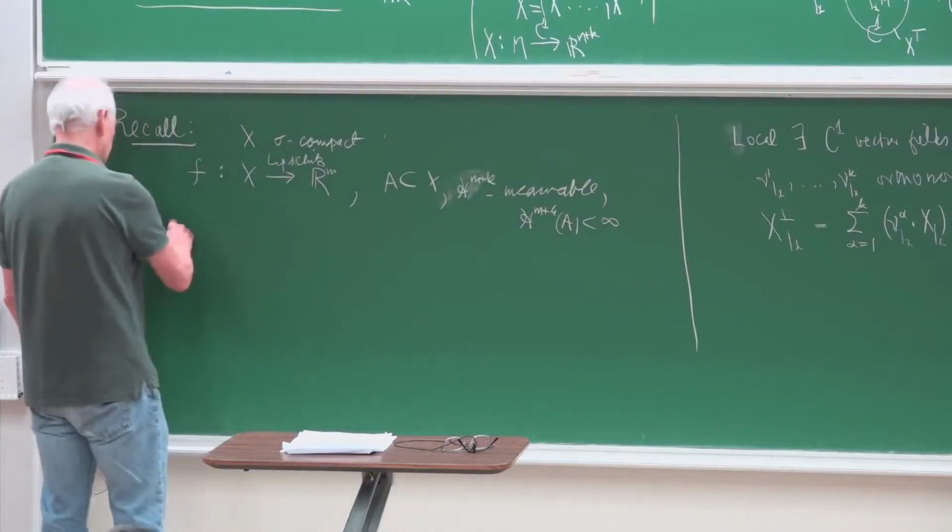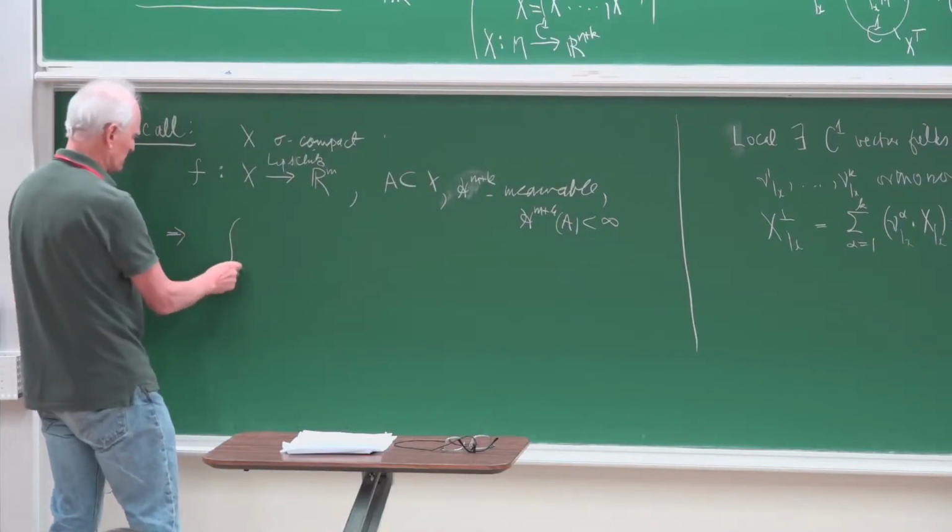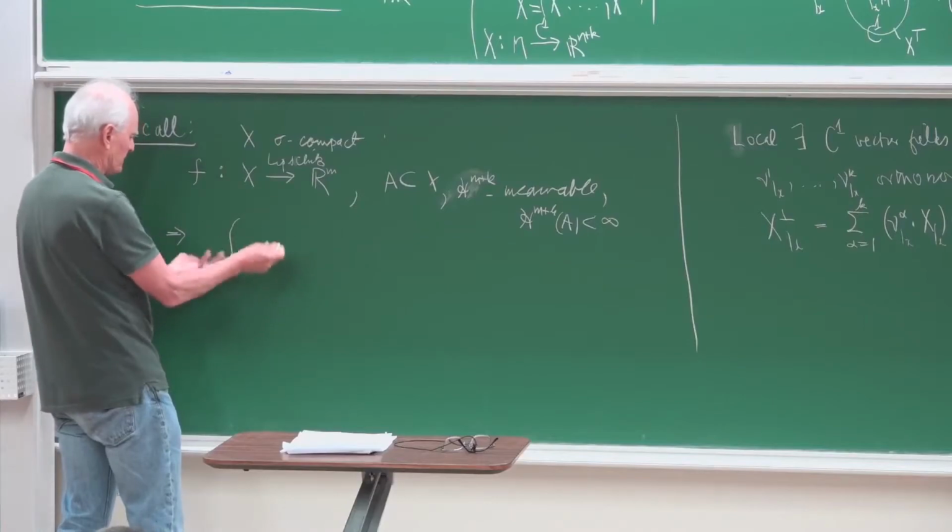Then we got this nice inequality on the slices that you get by using the map and taking pre-images.